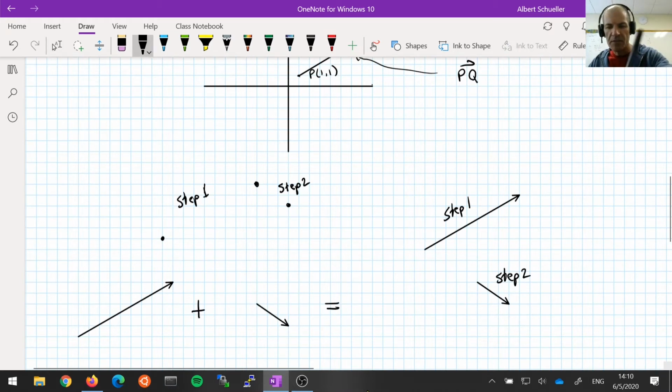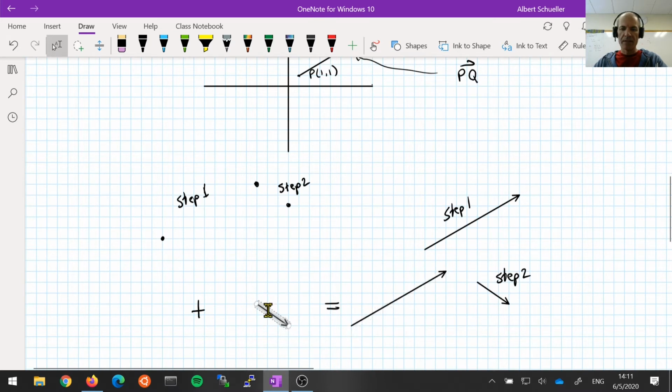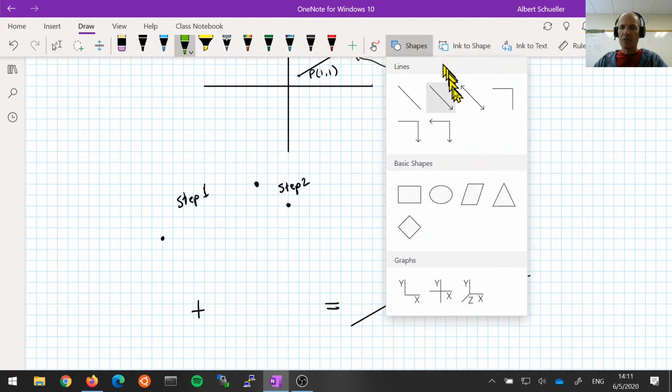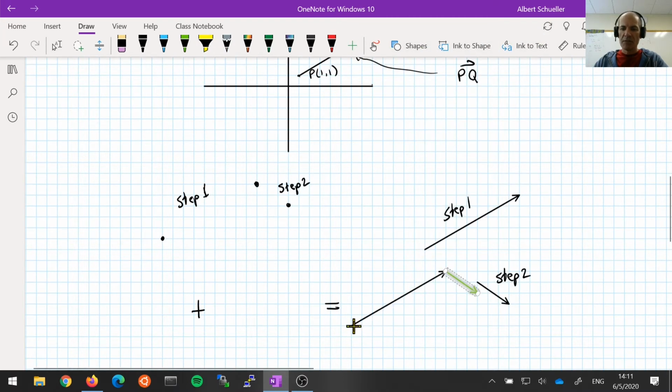What it means is take this vector and take this vector and put them head to tail, like that. Then it becomes clear that the sum of these two vectors should be this green vector.